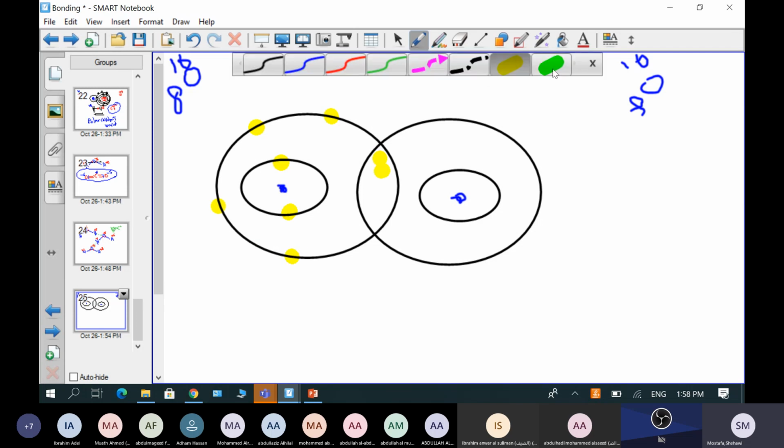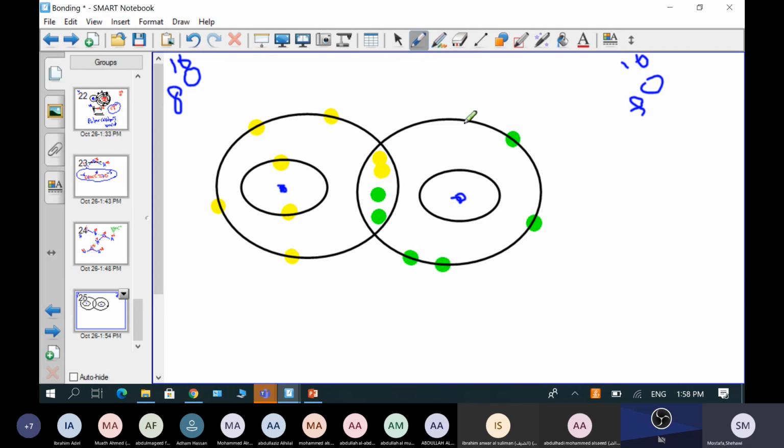And for the other one, we have 1, 2 from the other one, and 1, 2, 3, 4, 5, 6, and here 1, 2. So the oxygen atoms overlap with each other, and they combine or share 2 electrons. Each one of them shares 2 electrons, as you see.